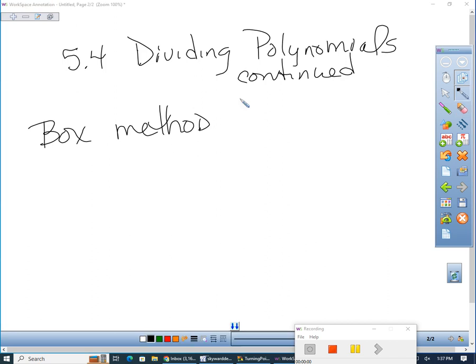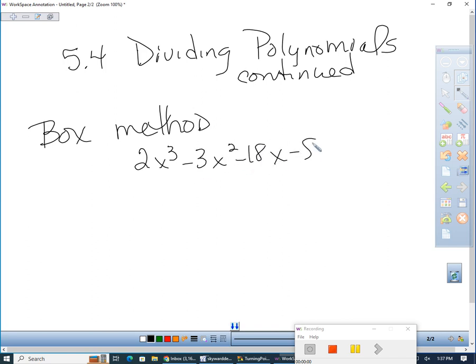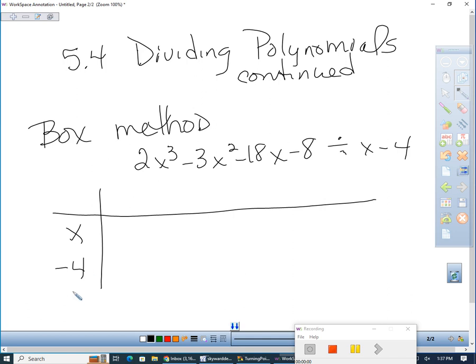All right, let's go with 2x to the third minus 3x squared minus 18x minus 8, and we're going to divide by x minus 4. All right, so we're going to put our box up here. We're dividing by x minus 4, so that's going to go down the side.